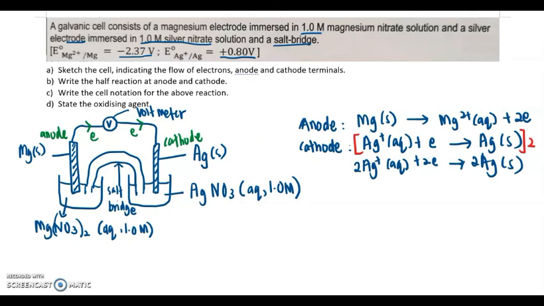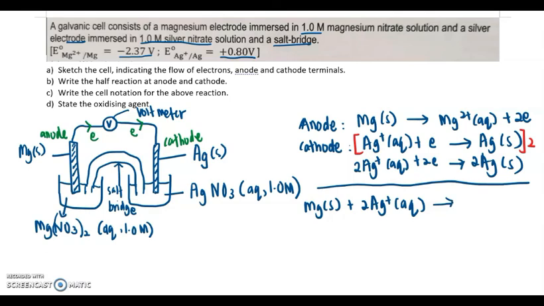Katalah dia minta kita write the overall equation. So, kalau overall equation, dia akan jadi magnesium solid plus 2 Ag plus produce magnesium 2 plus plus 2 Ag solid. So this is overall equation.